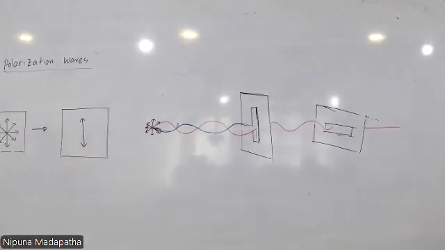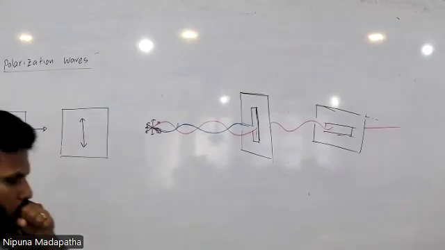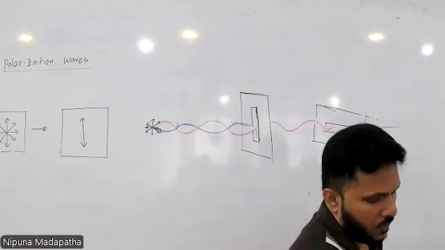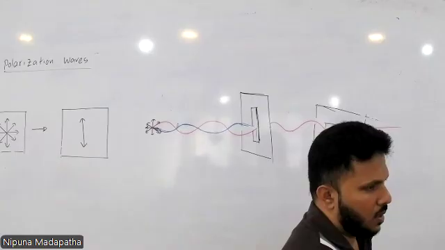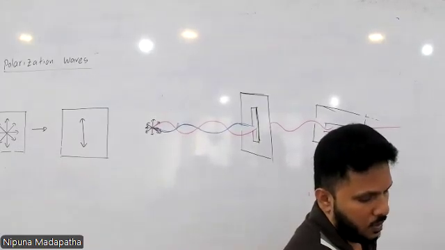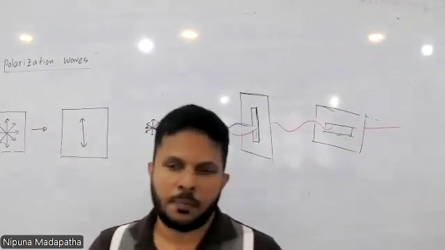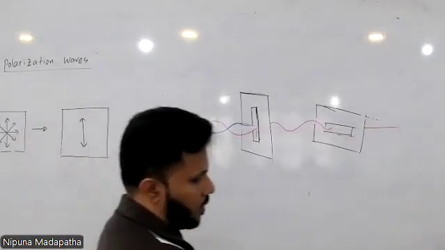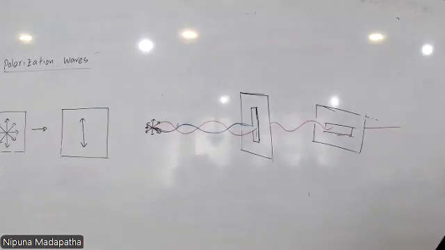It is a process in which the oscillating planes of a transverse wave are restricted to one plane, or a single plane, perpendicular to the direction of wave propagation.